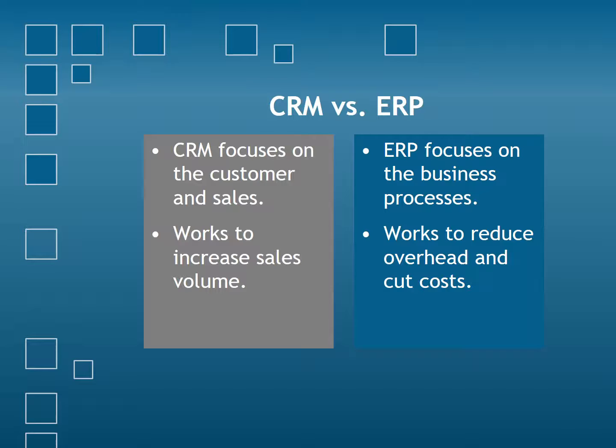The CRM system brings in more revenue through better sales figures, while the ERP system reduces overall operating expenses. Together, these systems can really help a business pursue growth through efficiency and expansion simultaneously. Used separately, ERP and CRM can still be very helpful, but they could potentially limit the business to a narrower avenue of growth.